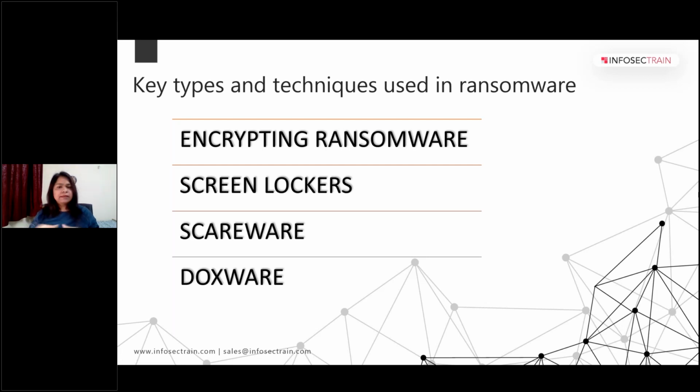This is the typical encrypting technique that we discussed, where to decrypt or redeliver, a ransom needs to be paid. Screen lockers, it restricts your login or your file access, and it will also disable your basic computer functions, and it operates at an operating system level.